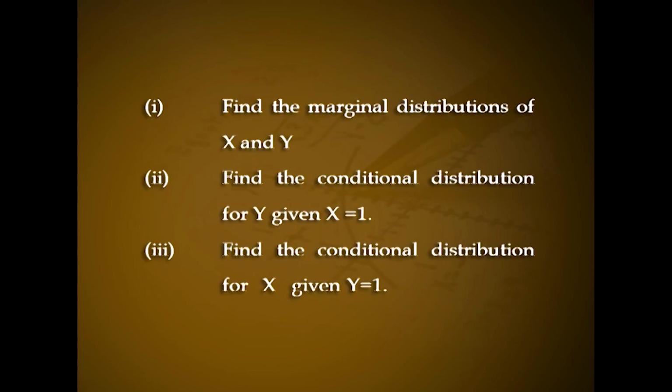Find the marginal distributions of x and y. Find the conditional distribution for y given x equal to 1. Find the conditional distribution for x given y equal to 1.